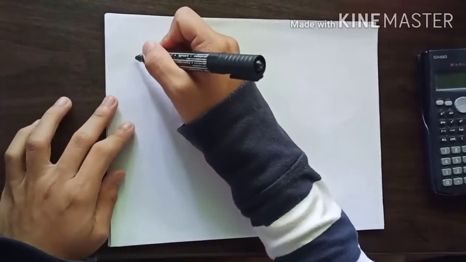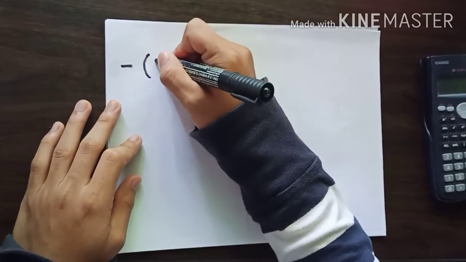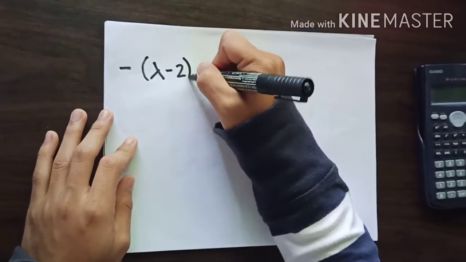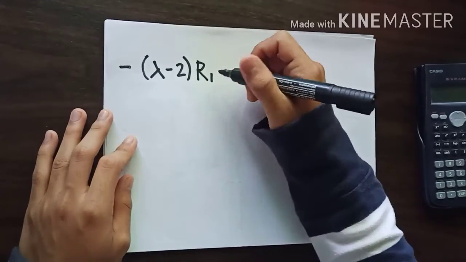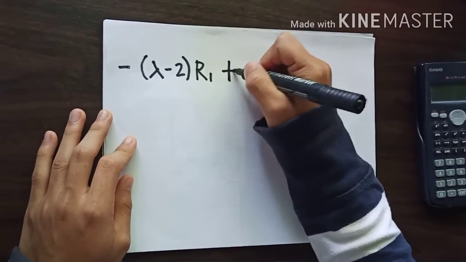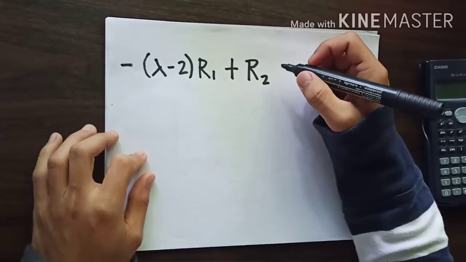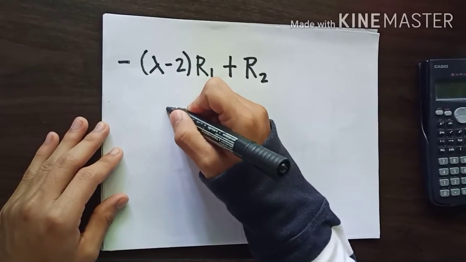For this step, we're just going to apply this equation. So we have negative lambda minus 2 multiplied by r1 plus r2 for us to get the values of the second row.